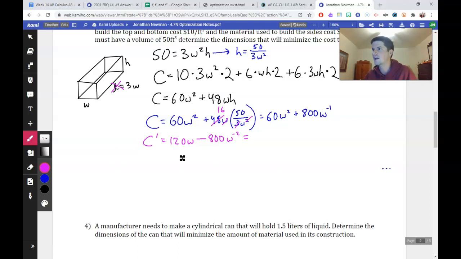And also might want to factor out, well, let's make it one big fraction first. So 12W, and this is 800 divided by W squared, right? So if you guys want, I could write it like that. That might help out. How did I get this next step? I'm going to multiply this side by W squared over W squared.